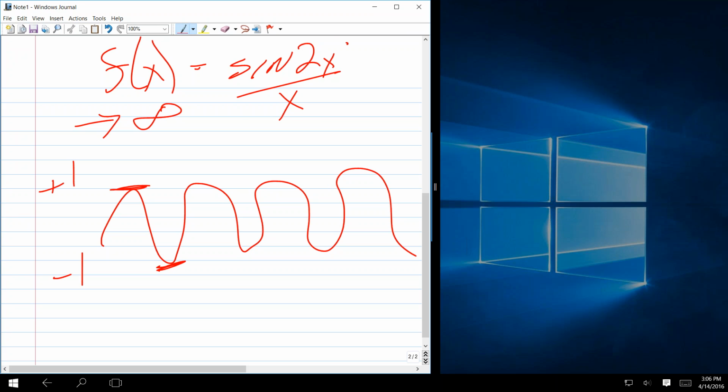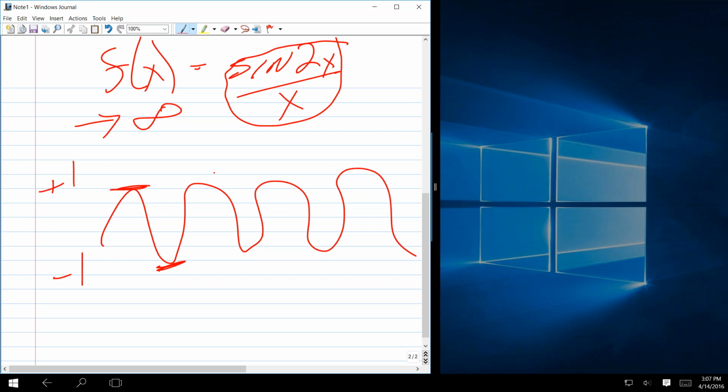So this whole thing is going to go to 0 for the same reason the cosine of 1 over x went to 0. If your denominator blows up and your numerator either bounces between two very finite numbers or doesn't do anything else, then this whole thing is going to 0.